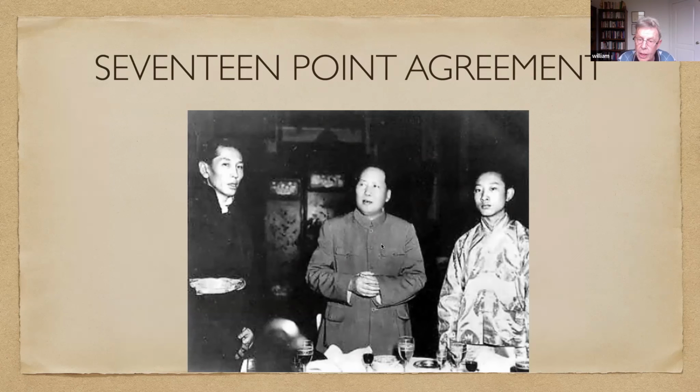Religious freedom was guaranteed. Tibet would have to agree to be part of China, not an independent state. The Tibetan negotiators were not allowed to communicate with their own government and were pressured into signing the agreement, despite not having been given permission by the Tibetan government to do so.